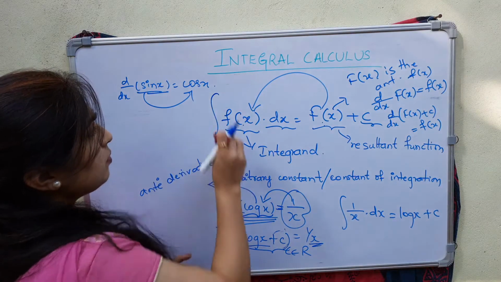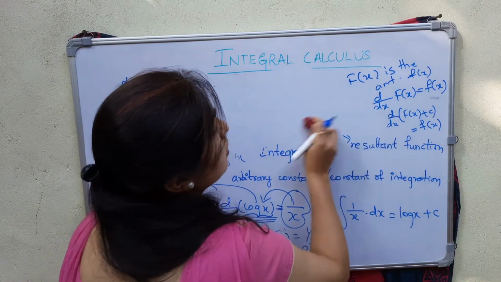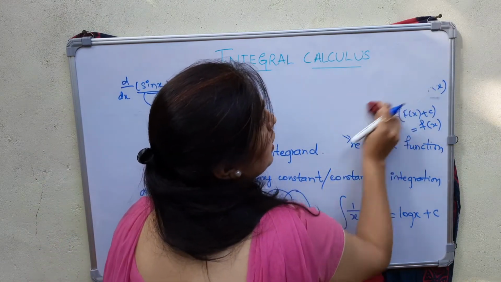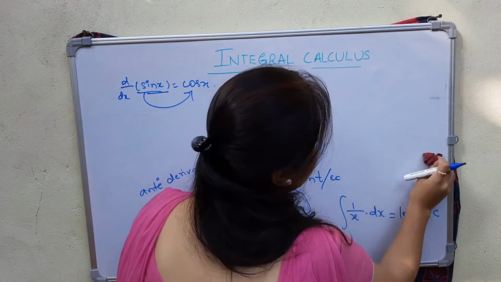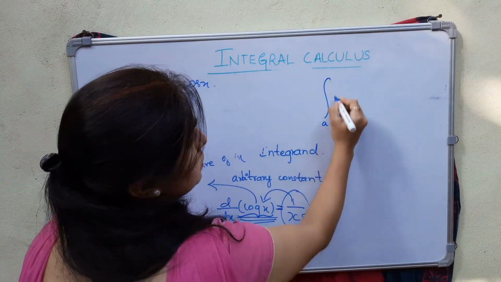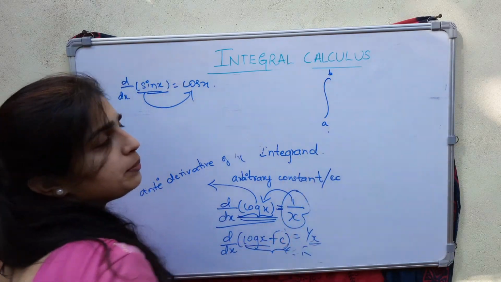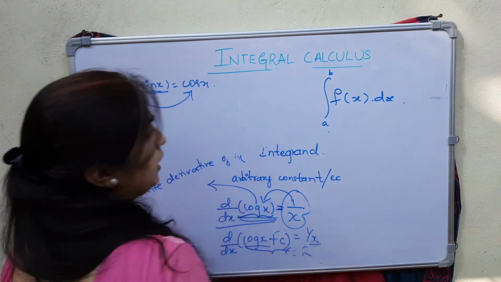In integrals we have two types: one is the definite integral and the other is the indefinite integral. In a definite integral, upper and lower limits will be specified.